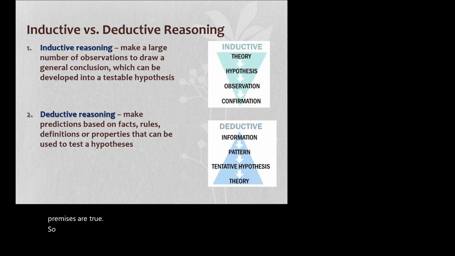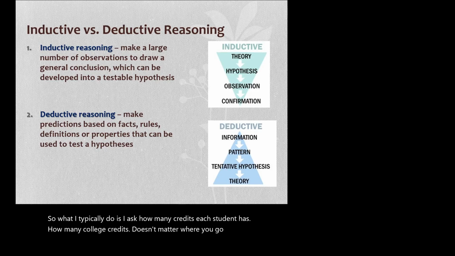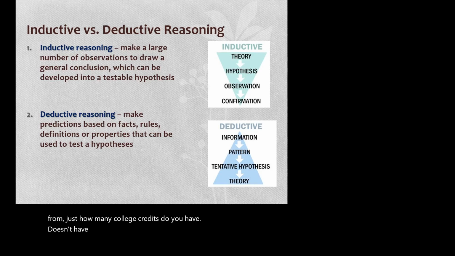There's an example I like to use for this that relates to my students in the class. What I typically do is I ask how many college credits each student has. Doesn't matter where you got them from. It doesn't have to be exact, but if you have a ballpark idea: 50, 30, 100.